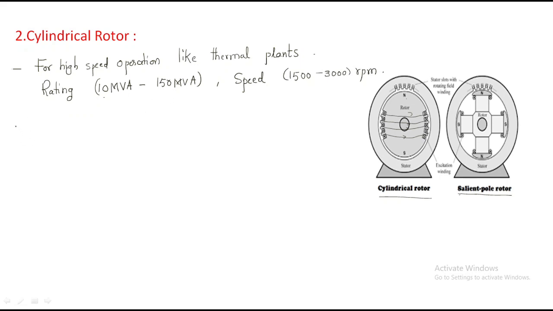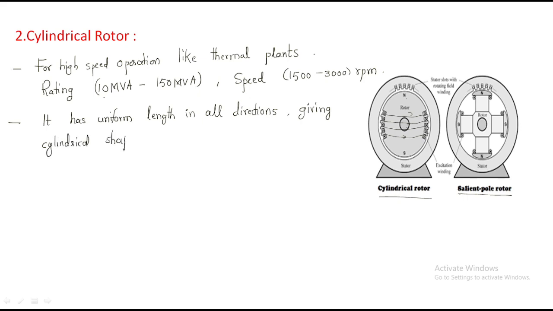This cylindrical rotor has uniform length in all directions. And by that uniformity, it gives a cylindrical shape. So if it is uniform length, then automatically it is a cylindrical shape.